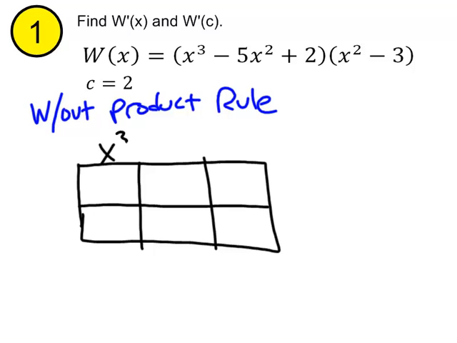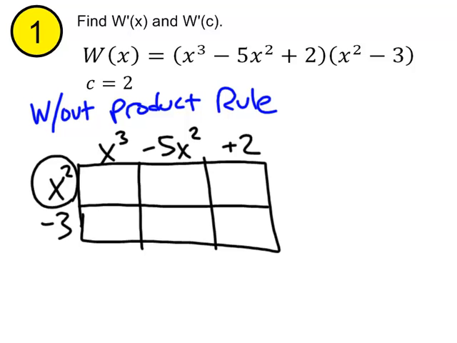But I'm going to put x cubed minus 5x squared plus 2 on the column headers, and then I'll put the x squared minus 3 along the rows. And I'll put in each of those boxes the product of the row and column header. So x squared times x cubed will give me x to the 5th.